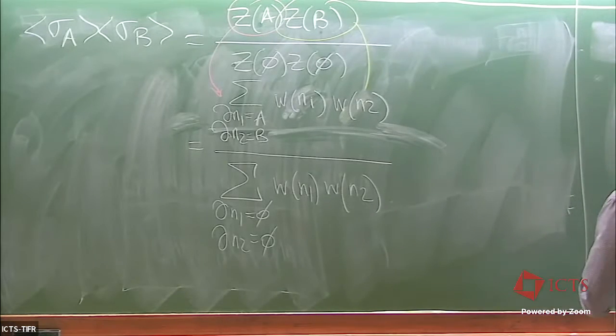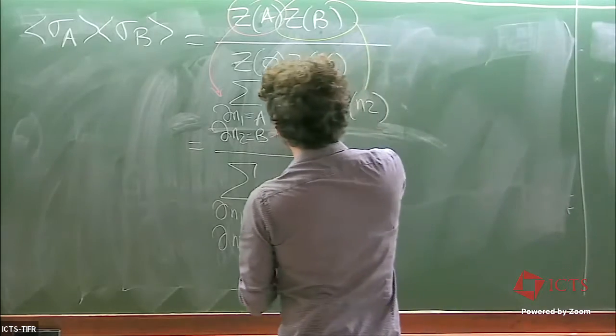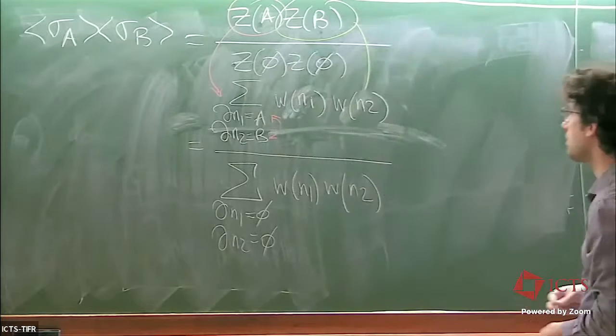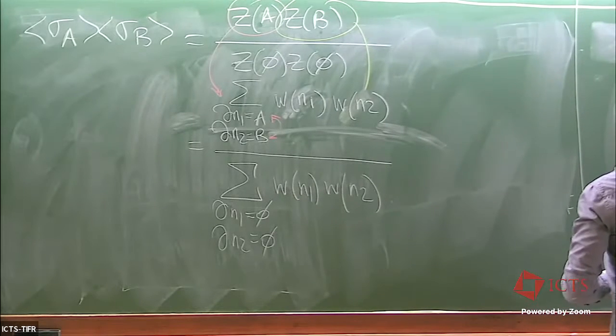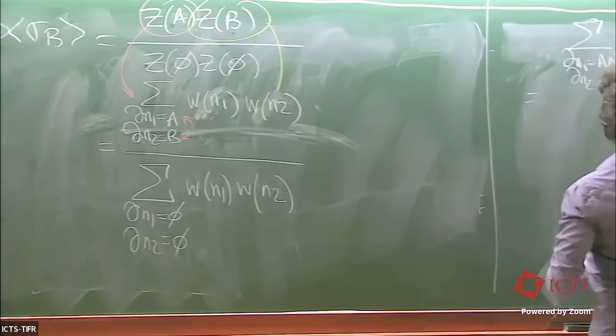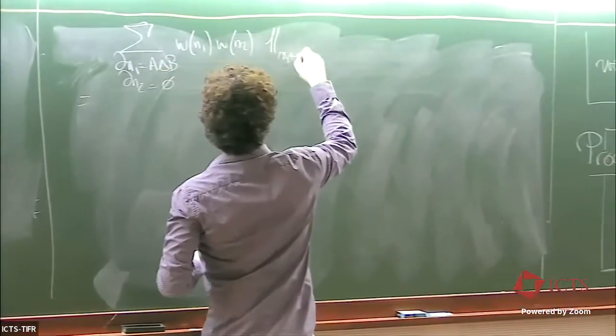When I apply the switching lemma, notice that I can put B on A. So I'm going to have the sum for n1 with sources A symmetric difference B, n2 with empty set, w n1, w n2, and then I have this weird indicator function.